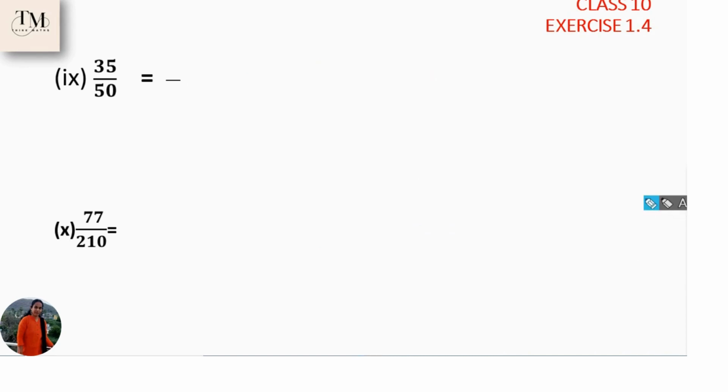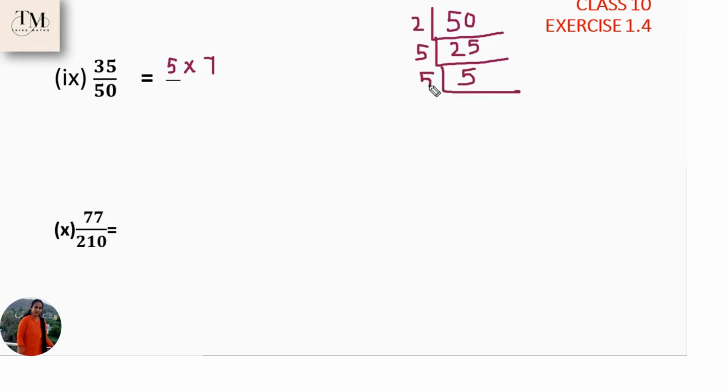35 by 50. So 35 is factorized as, what is the factorization for 35? It is 5 into 7. Factorization of 50. So let us factorize this. So I take 2. 2 twos are 4. 5 twos are 10. So 5 into 5, 25.